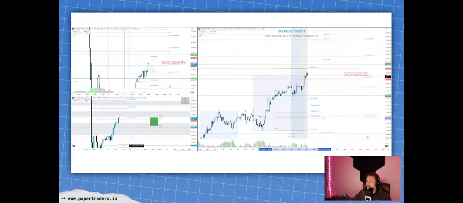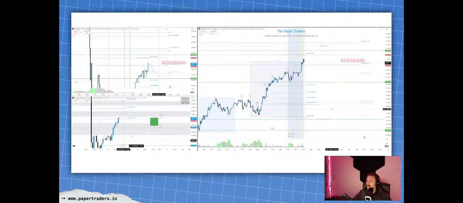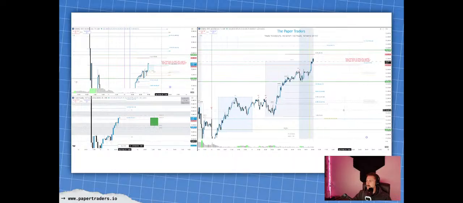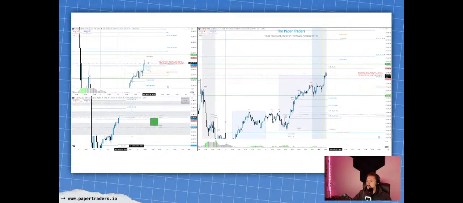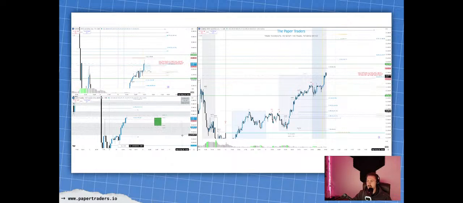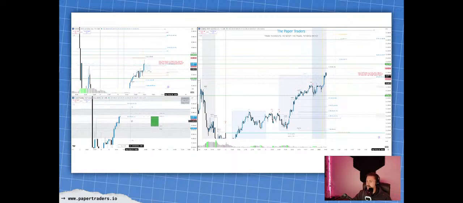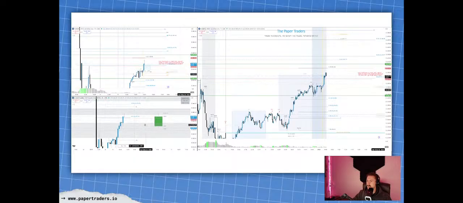Let's outline that volume imbalance, VI imbalance, projecting in a decent area, right? So 15 minutes starting to look a little ugly. This is the first 15-minute candle of the hour.